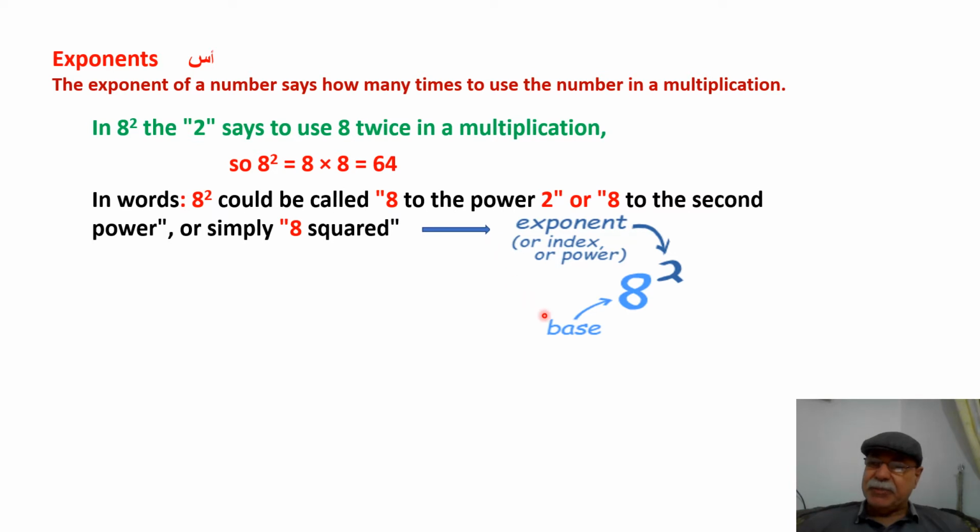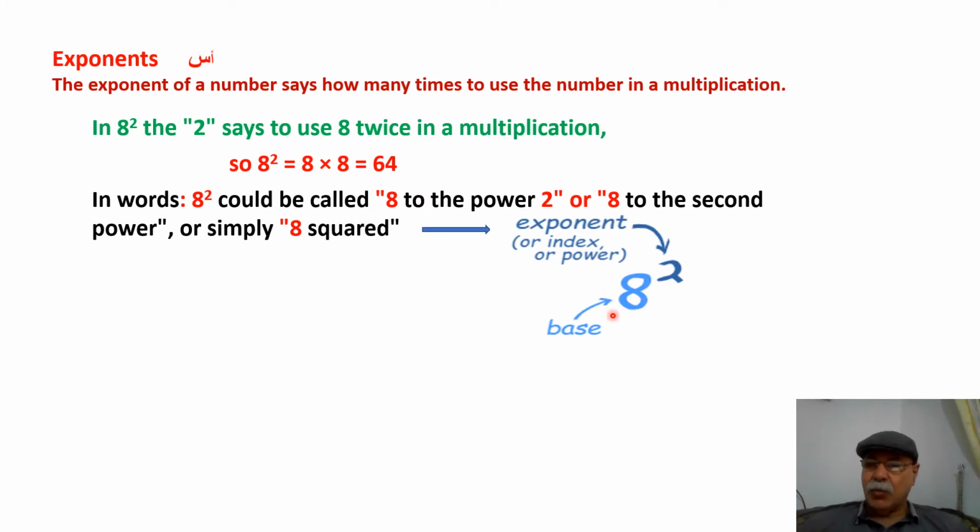This picture explains what this means. This is the exponent, or "us", this 2, or index or power. 8 is the base, أساس.